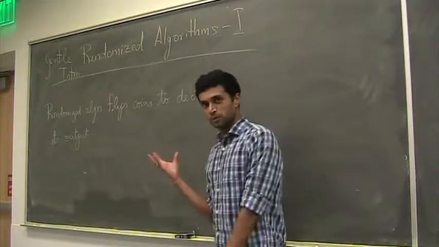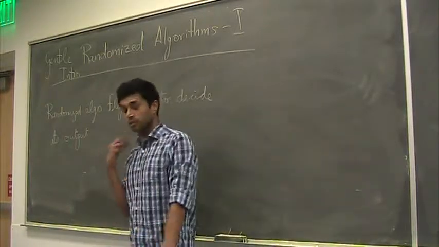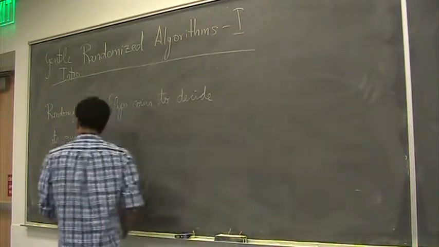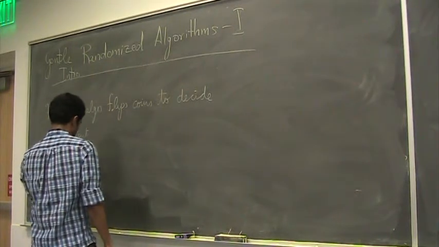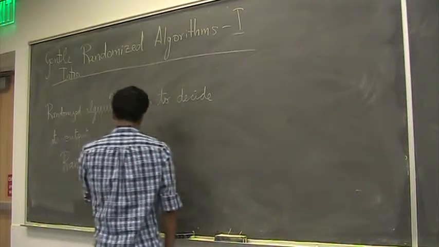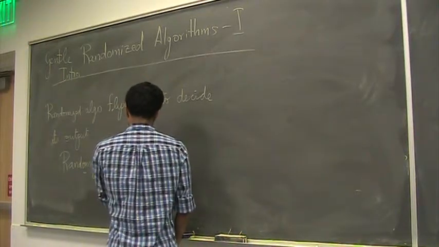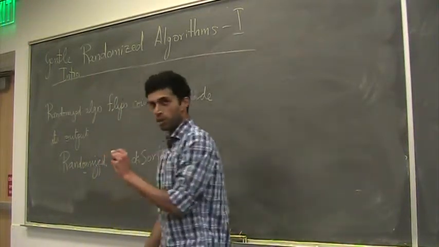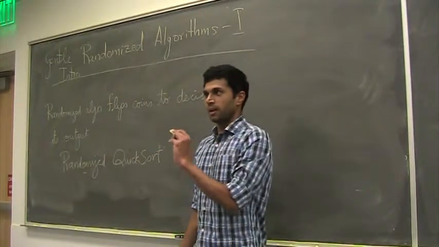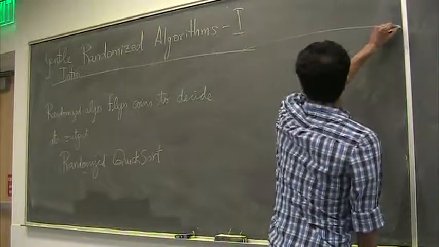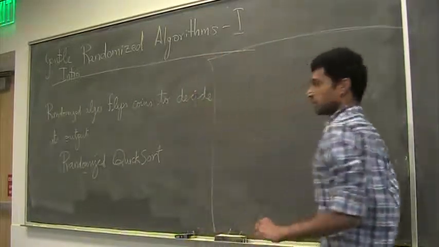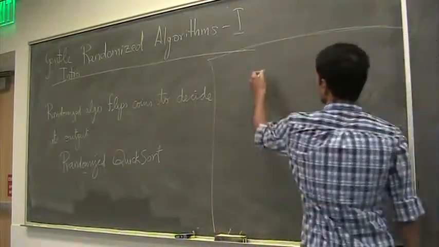So to give you an example of a randomized algorithm that you probably know is, for example, randomized quicksort. Right? So hopefully you all remember quicksort, and you may or may not remember what randomized quicksort is. So let's just recall how quicksort works.